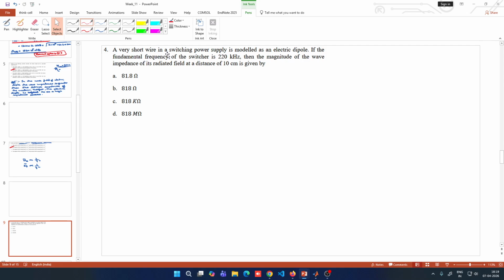A very short wire in a switching power supply is modeled as an electric dipole. If the fundamental frequency of the switcher is 220 kHz, then the magnitude of the wave impedance of its radiated field at a distance of 10 cm is given by. So here we have to find out ZW.